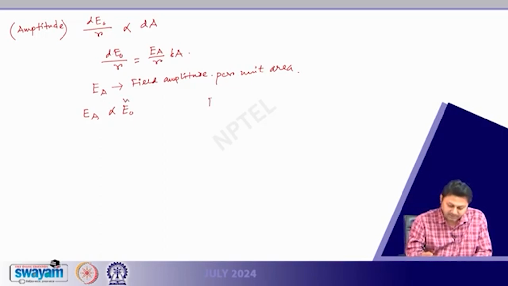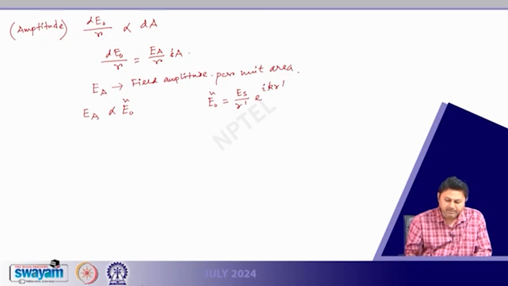E naught tilde was E_S divided by R prime e to the power of i k R prime, that we already had.